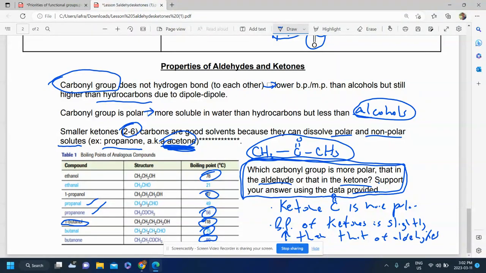And it's not really the London dispersion forces necessarily leading to that higher boiling point for ketones compared to aldehydes. And that's because for the most part, they have the same number of atoms. So for example, if you look at propanal versus propanone, propanal has 1, 2, 3 carbons plus 6 hydrogens, plus the oxygen. That's 10 atoms altogether.